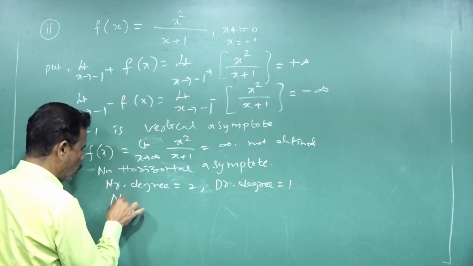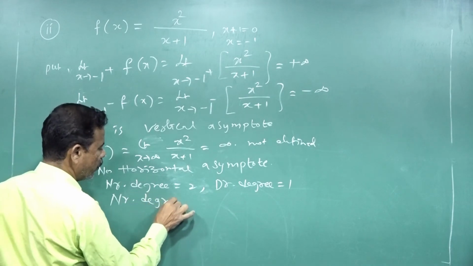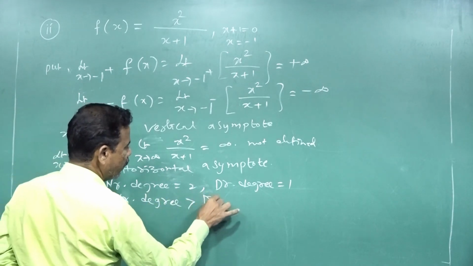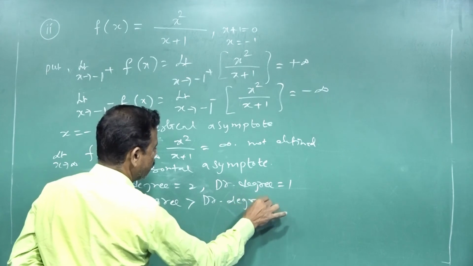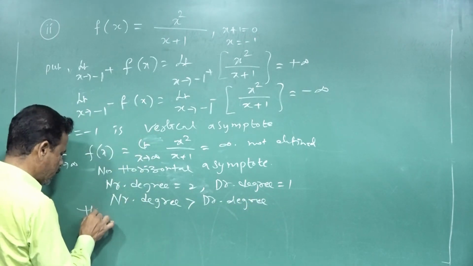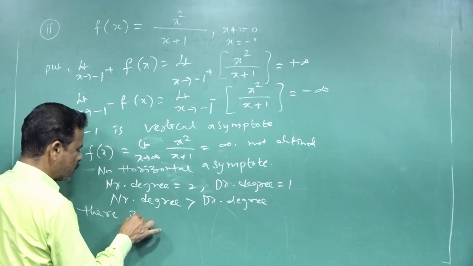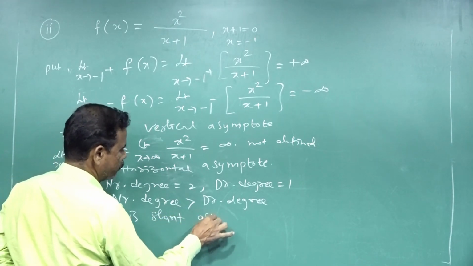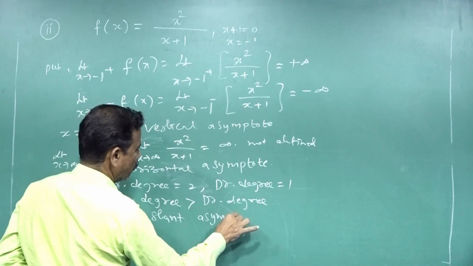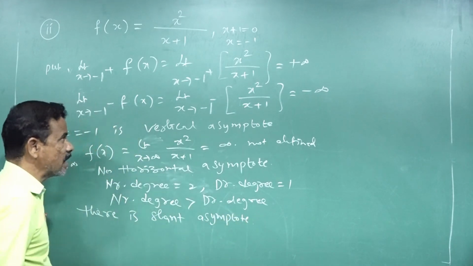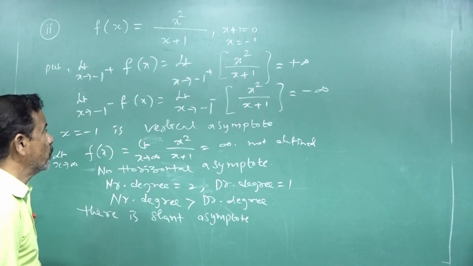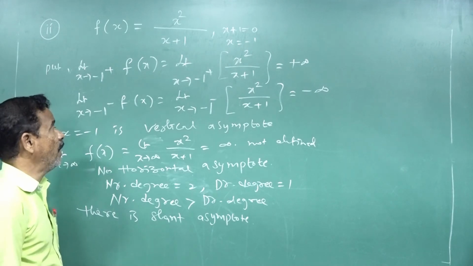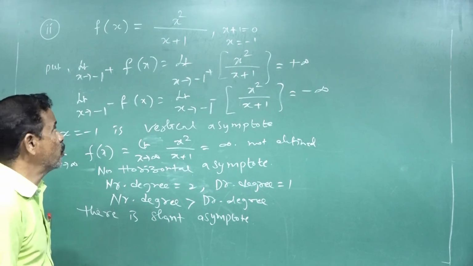So the numerator degree is greater than the denominator degree. That's why there is a slant asymptote. So how do we find the slant asymptote? The given function is x square by x plus 1, we divide by x plus 1.